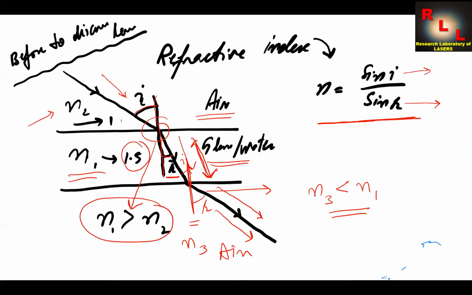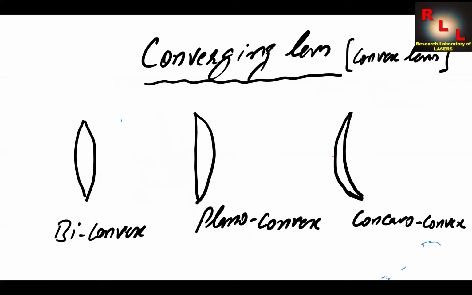Now if we move to the lens, the first thing we need to know is that there are two kinds of lenses. A lens, simply, is a piece of glass or any transparent material. There are three kinds of converging lenses, or convex lenses: biconvex lens, plano-convex lens, and concavo-convex lens.